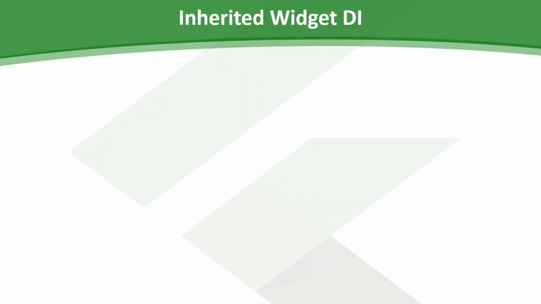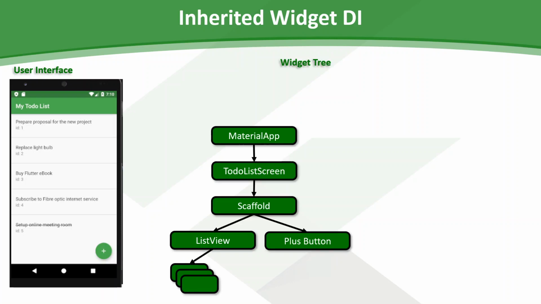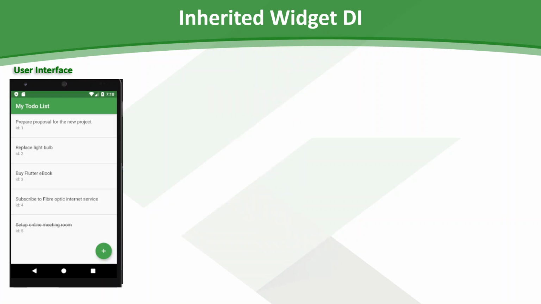Okay, then the third approach of dependency injection in Flutter is using the inherited widget. So let's take a look. So basically inherited widget works almost similar to constructor injection, I mean, in terms of scope access.